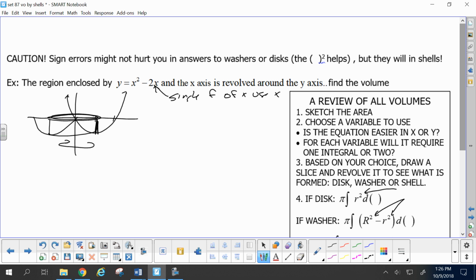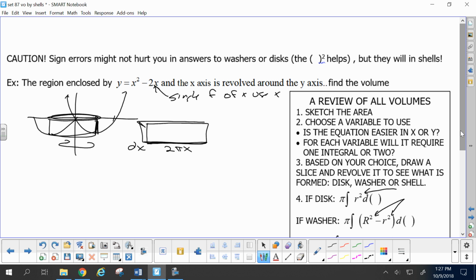Disc, washer, or shell. This is a cylindrical shell. So, if I get a cylindrical shell, then I unwrap it and identify the components. The thickness is dx or dy. Dx. The bottom edge is 2 pi x in this case for the radius.